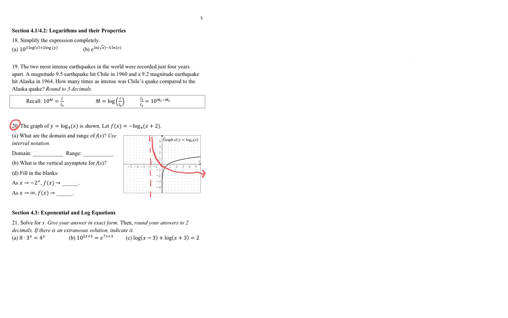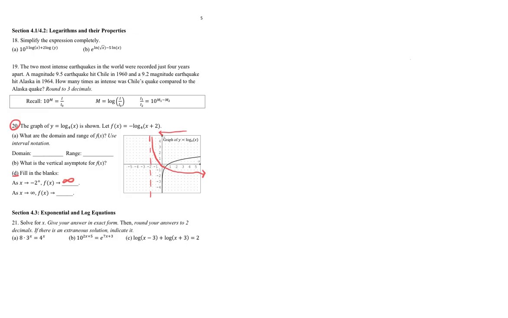Okay, and then for 20b, we kind of already discussed this, but our asymptote has just shifted over from x equals 0. It shifted over left 2, so now it's at x equals negative 2. Okay, and then for d, as x approaches negative 2 from the right side, that's what the little plus means, we'll look at what our function is doing as we approach from this side, and it looks like our function is going up to positive infinity when x approaches negative 2 from the right.